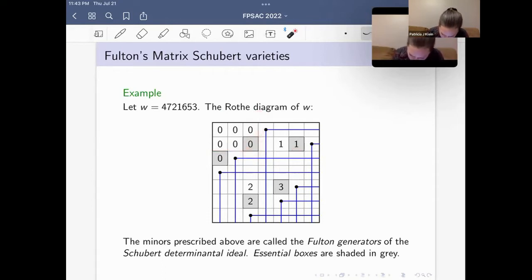This 1 is telling me to be rank at most 1 in this submatrix. So all of these 2 by 2 minors are going to vanish, and so on. So it's enough to say, because all of our rules say northwest of, it's enough to take these boxes that are in gray. These are called the essential boxes, because if I'm rank at most 2 northwest of there, then I'm certainly also rank at most 2 in the smaller region. So this box is not essential.